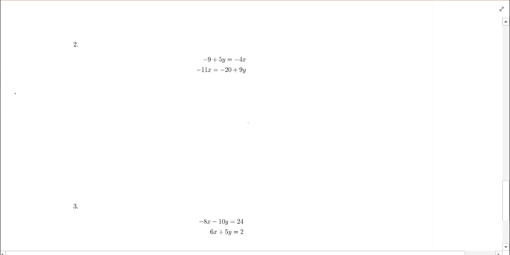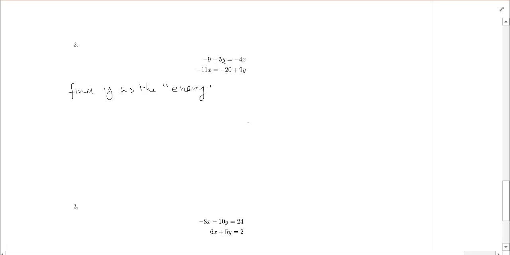So we don't have the step of removing fractional and decimal coefficients in this question. So we identify, we just find y as the enemy.